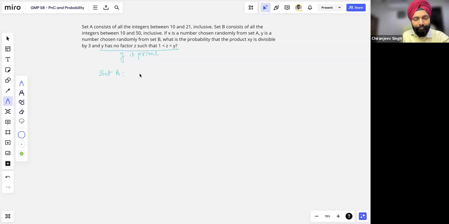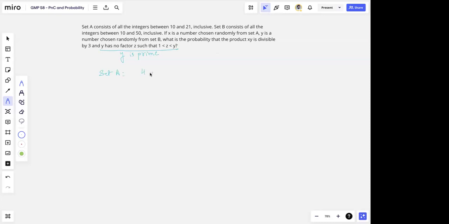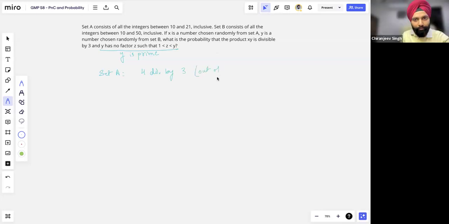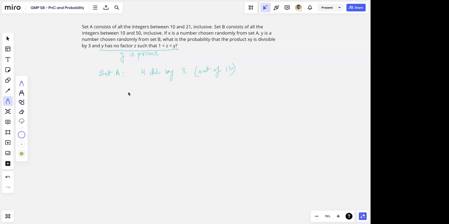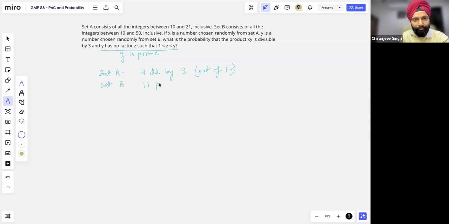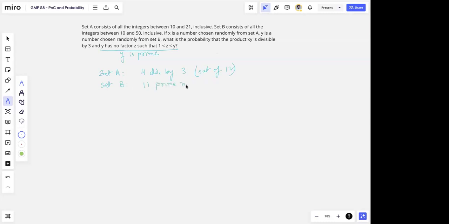Of which the ones divisible by 3 would be 12, 15, 18, and 21. Now, in the second set B, out of the 41 numbers, there will be 11 prime numbers: 11, 13, 17, 19 to 47.